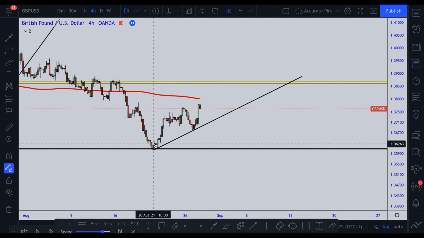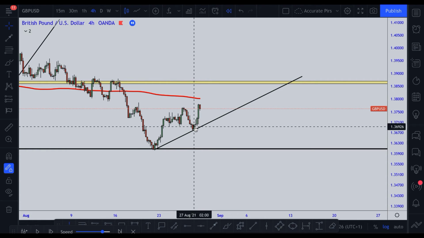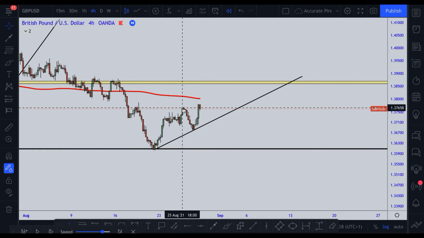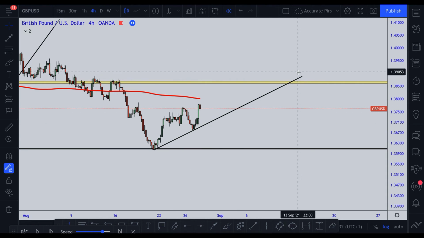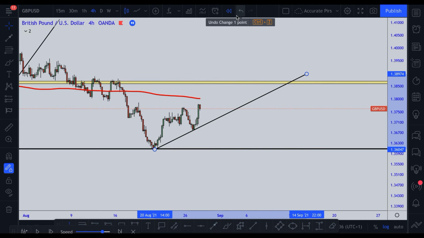So once you see the market push up and come up to this level here, come back down, push back up and break this higher high here, then you can draw this point as your trend line. And that's how you identify the first point of a trend line.